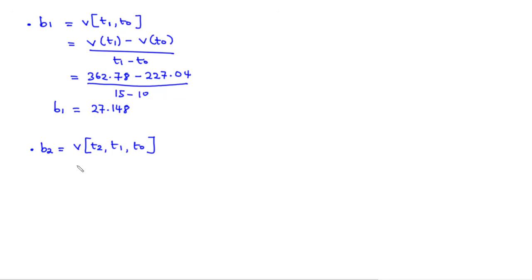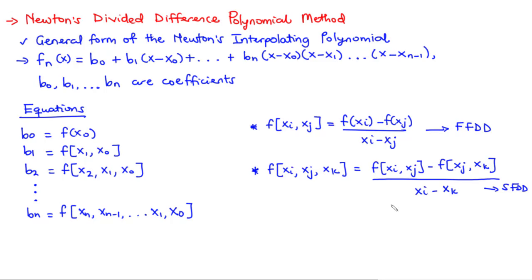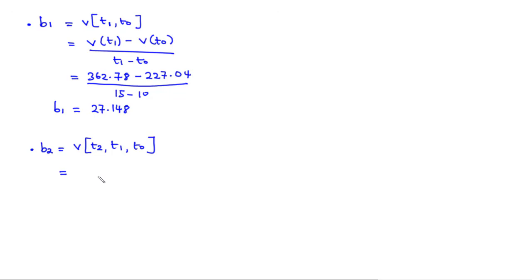So basically that is v of, in square brackets, t2 t1 minus v of, in square brackets, t1 t0, all divided by t2 minus t0.